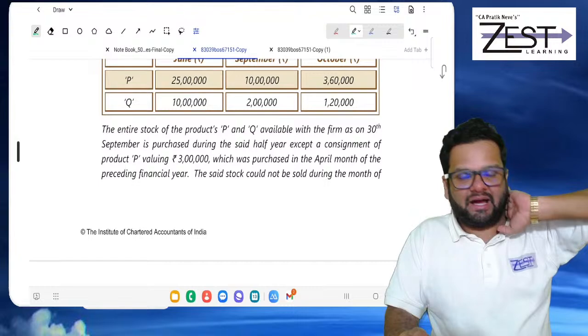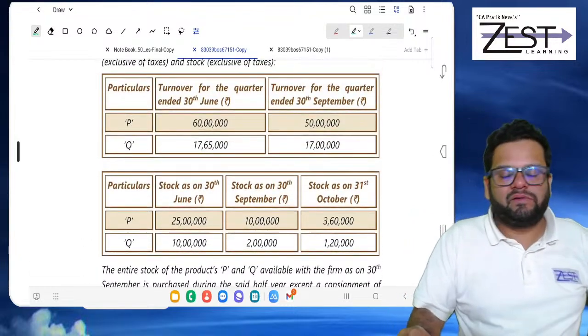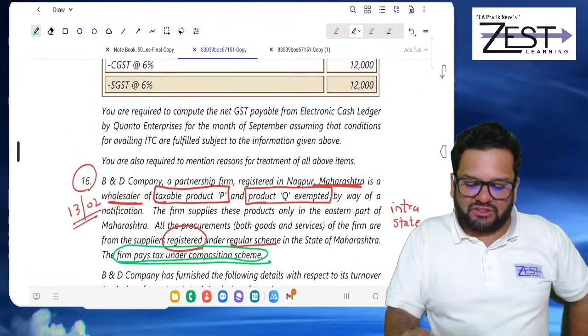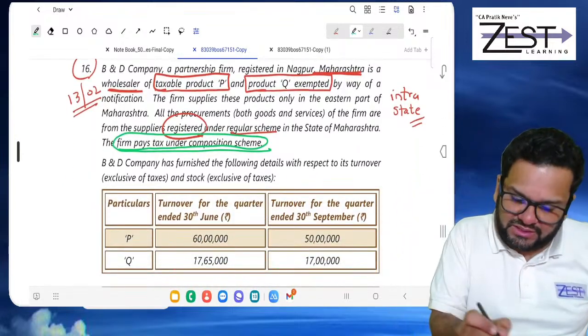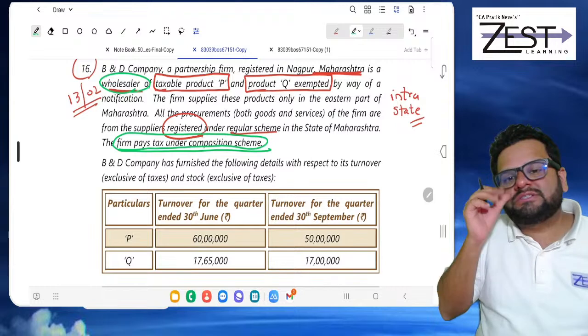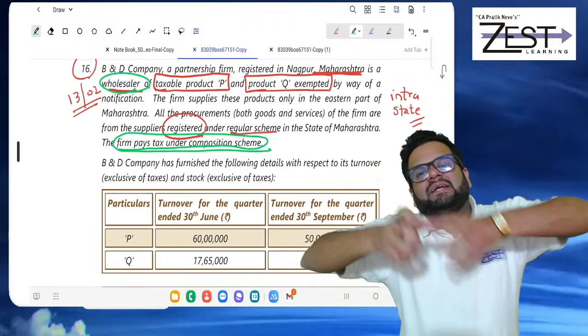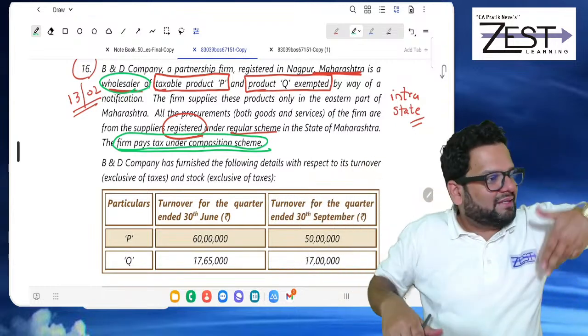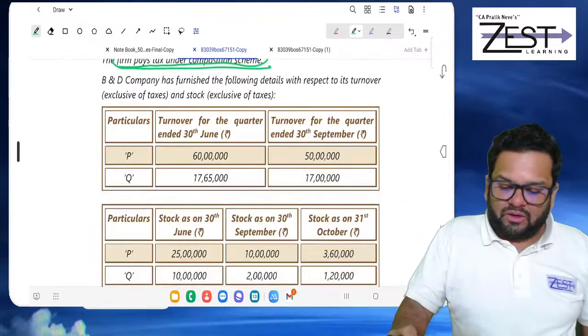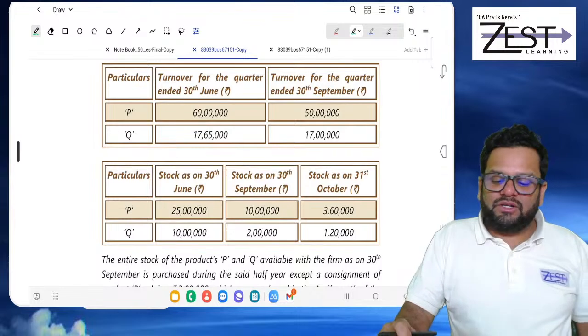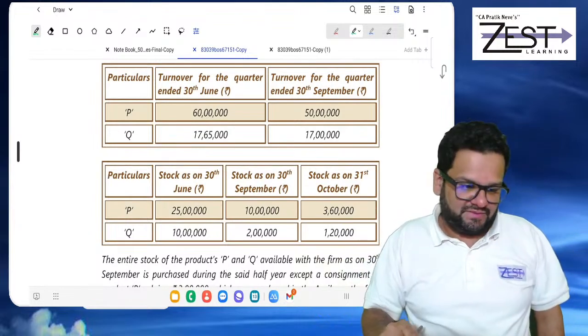Okay, friends, I want to ask you one thing. You are who? Manufacturer or trader? You are a trader. How did you understand? Because you are a wholesaler, means you will buy those items P and Q and sell them. Okay, isn't it? Another question is, when will your composition scheme lapse?